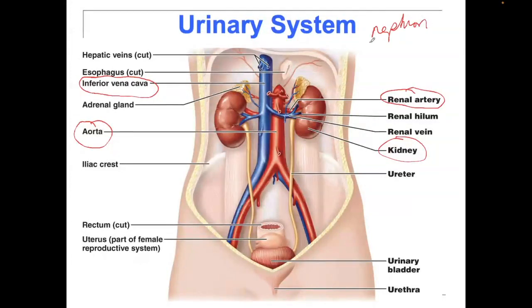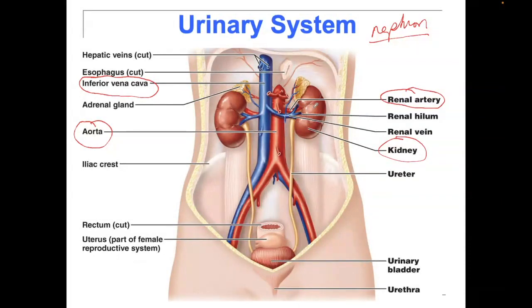It's microscopic. One of the functions of the nephron is going to be to filter. So whatever blood is coming in, the kidneys are going to filter it, and it's going to pull out a lot of impurities.